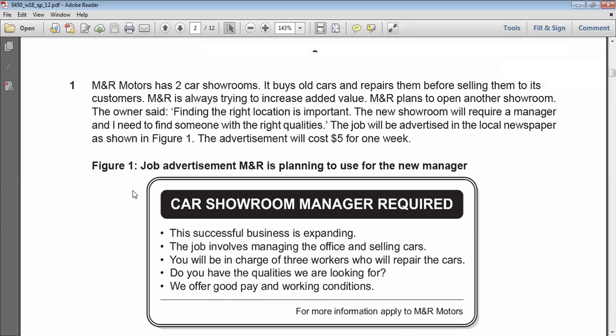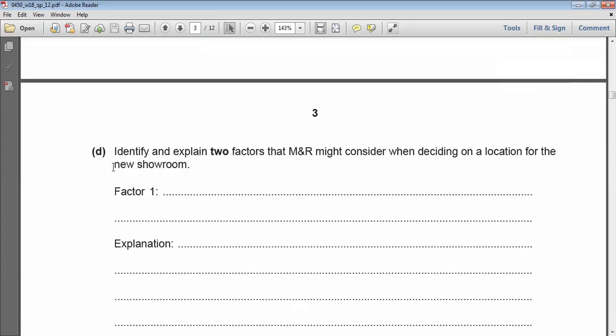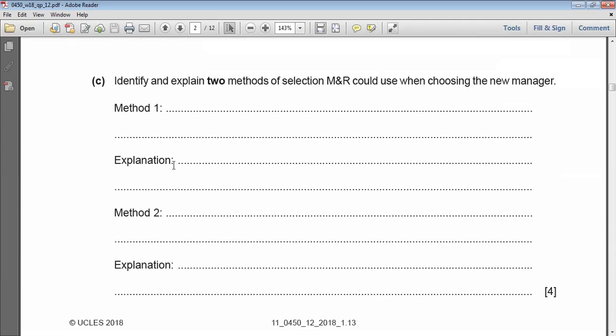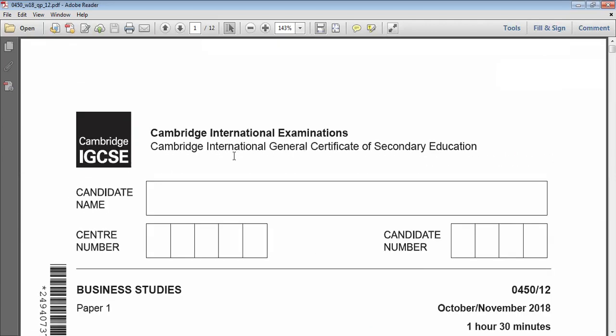Explanation, go back again to the question. What can you tell again about the business? Now some might be asking, can we use the same application or same information that we have used just now? I already explained question C. You have used some info here.